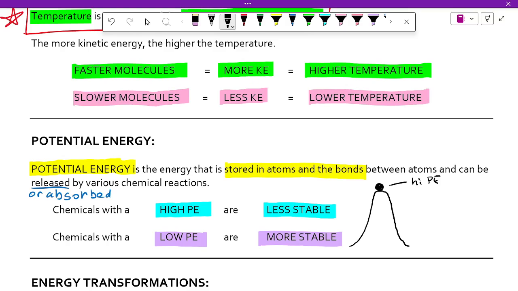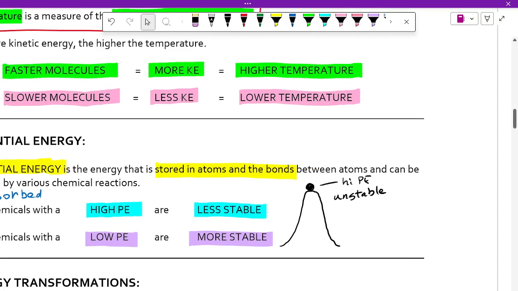No. Given any opportunity, it's going to roll down the hill. It is unstable. If we have a ball at the bottom of a hill, this is at a low potential energy, and that is stable.